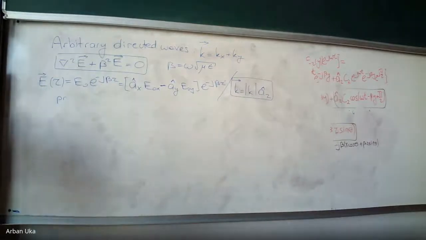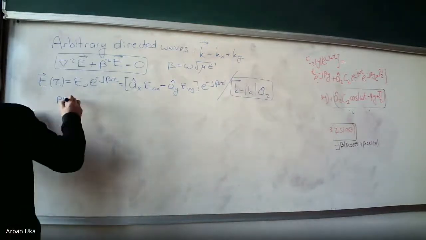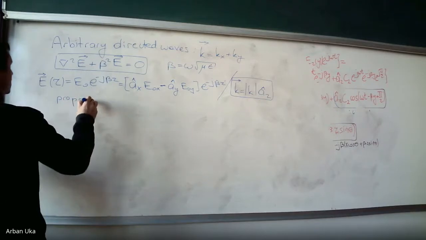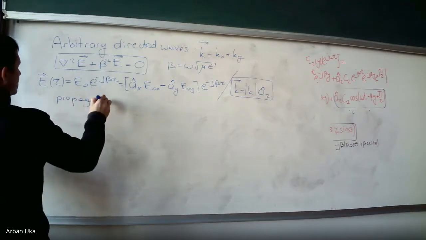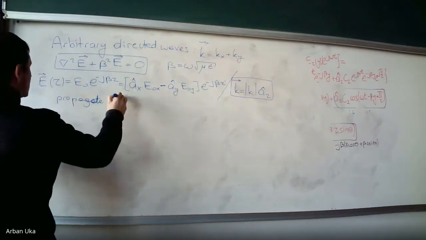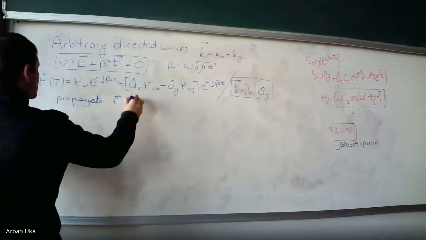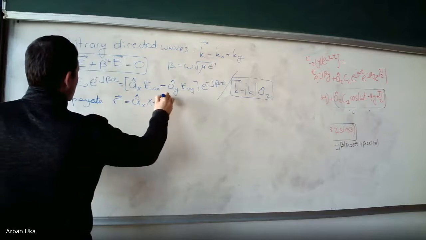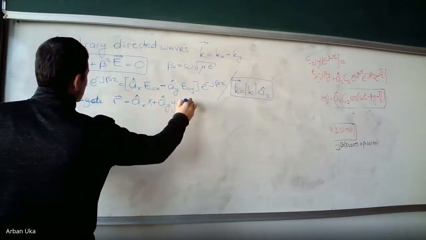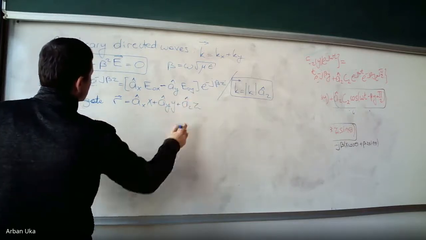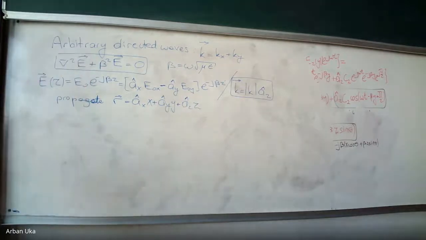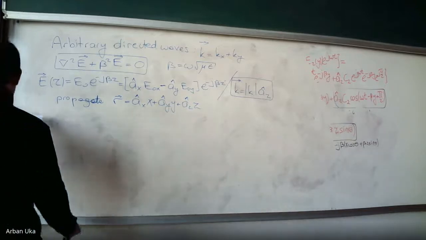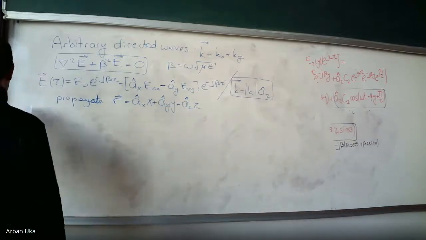So now the wave will also be propagating along direction r, where r is ax plus ay plus az. So the wave will also propagate in this direction, and the expression would be as follows.